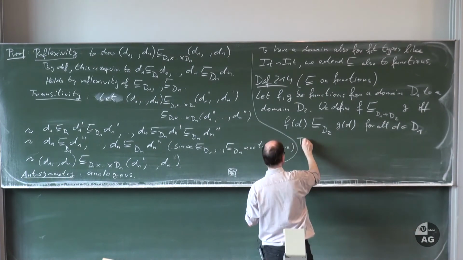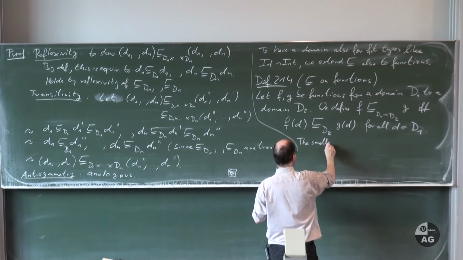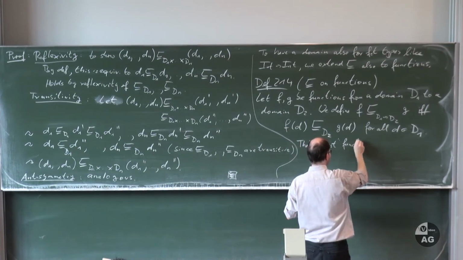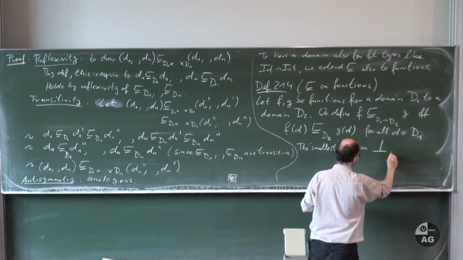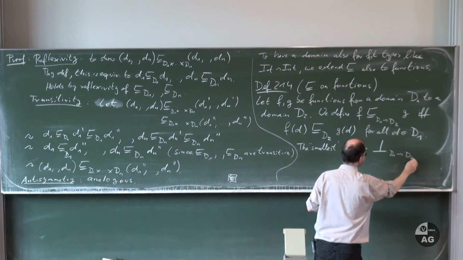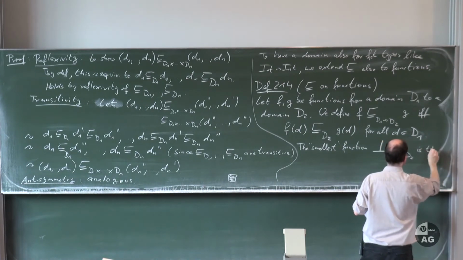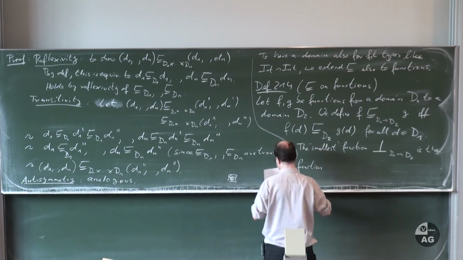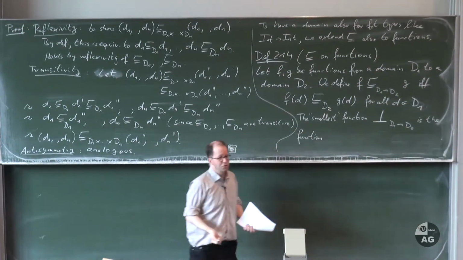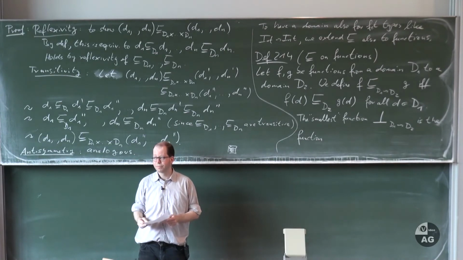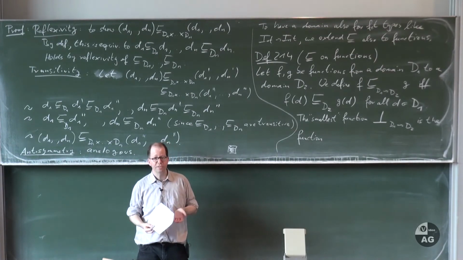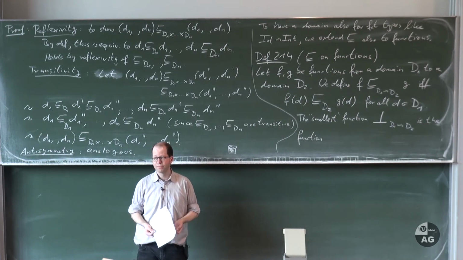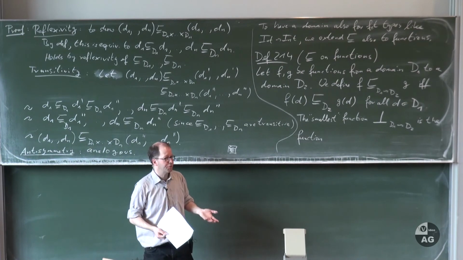So the smallest function, which we denote by bottom with index D1 to D2, is the function that, well, what does this function do? For every argument, it must do something that is less defined or equal than anything else. So it has to return bottom for every argument.